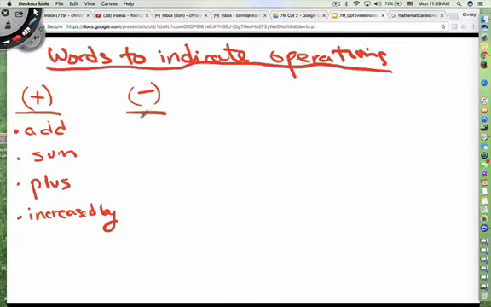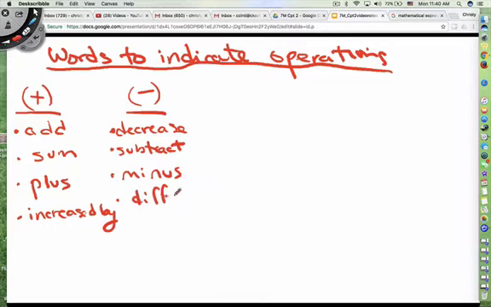When we're talking subtraction, we're talking about decrease. We hear the word subtract. That's ironic. We hear the word minus. We hear the word difference. What is the difference between these two numbers? We hear the word less, 10 less than 30, that sort of thing.